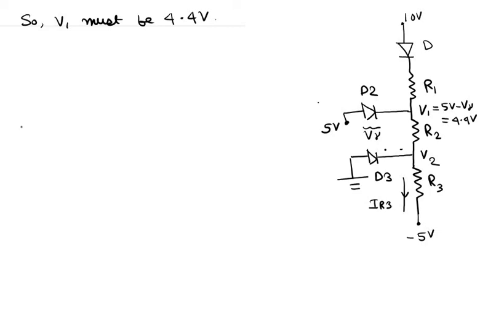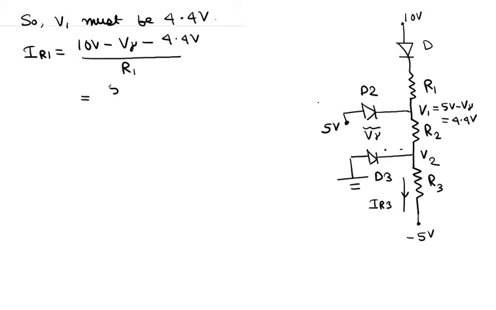Okay, now if V1 is 4.4 volts, then we need to recalculate IR1, because according to our previous IR1, V1 would come out to be 4 volts. So IR1 is basically 10 volts minus V gamma for the diode D minus 4.4 volts divided by R1, and R1 is basically 6 kilo ohms.